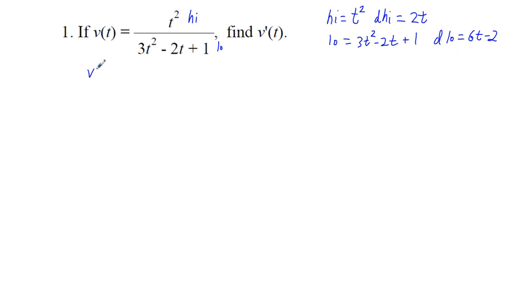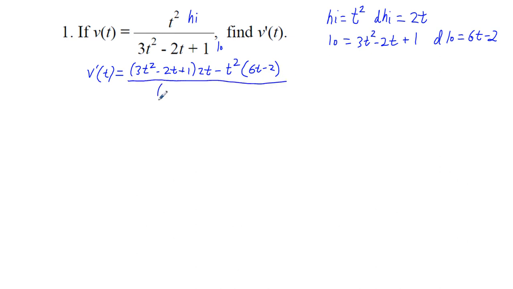So v prime of t is going to be equal to low, and low is 3t squared minus 2t plus 1, times d high, and d high is 2t, minus high d low, and high is t squared, and d low is 6t minus 2, all over low squared.